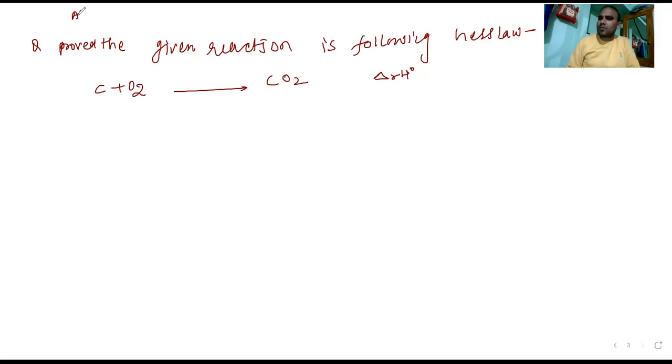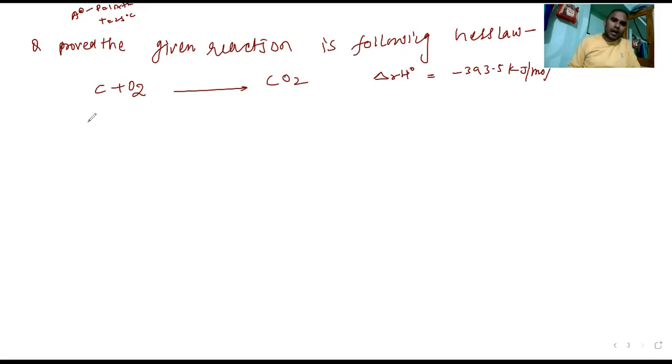Temperature is 25 degrees Celsius, pressure is 1 atm. These things they are talking about. So delta rH they have given as minus 393.5 kilojoule per mole.